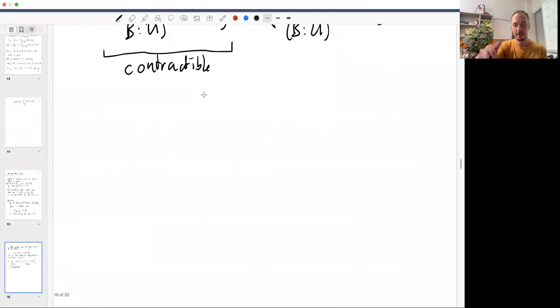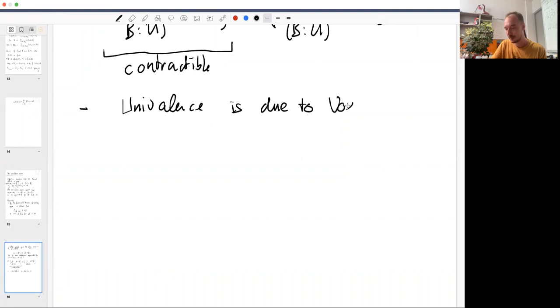One more remark. I should also, of course, say before I forget, univalence is due to Voevodsky.